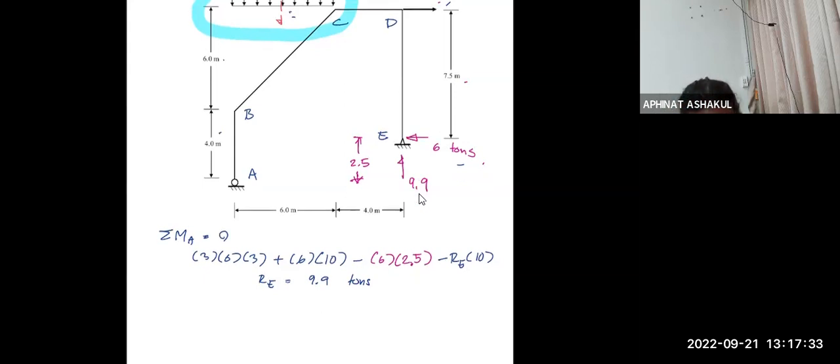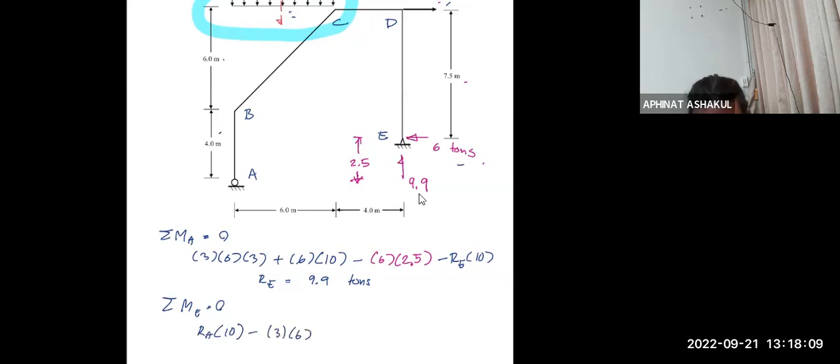And you should take sigma M at E equal to 0. Then right here, I should begin with RA, it's easier. RA multiplied by 10 minus the uniform load, which is 3 multiplied by 6.